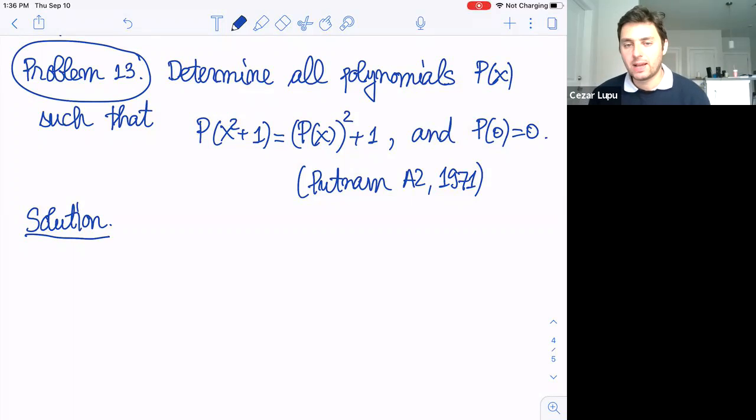Do you have a good candidate for this? What do you think is a good candidate? Can you see one? If you look at it, what is that polynomial that you see that verifies this functional equation?